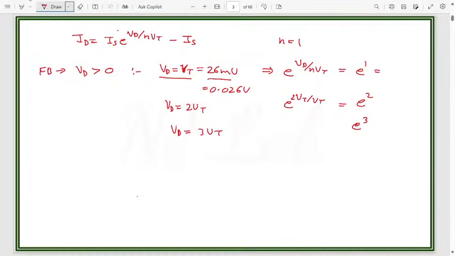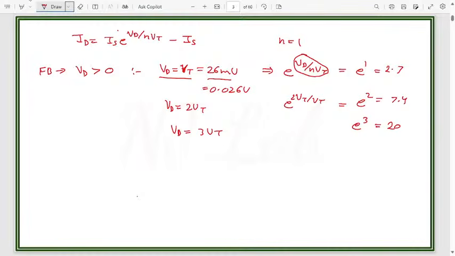Numerically, if you use the calculator, e power 1 is 2.7, e power 2 is 7.4, and e power 3 is 20. And remember, it is unitless, because in the equation this is Vd divided by Vt, and since the two voltages are getting divided, we do not have any units, right?